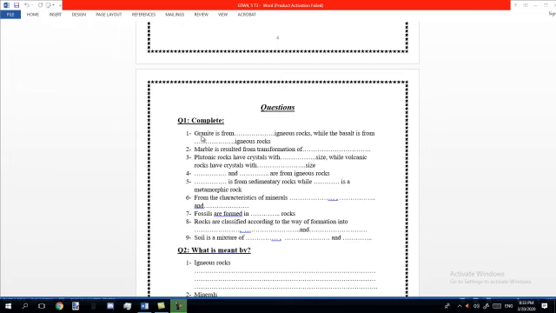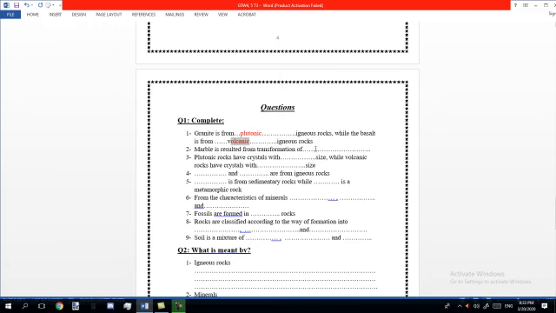Granite is a plutonic igneous rock, while basalt is from volcanic igneous rock. You can see this is the answer. Granite is plutonic igneous rock, while basalt is volcanic igneous rock.